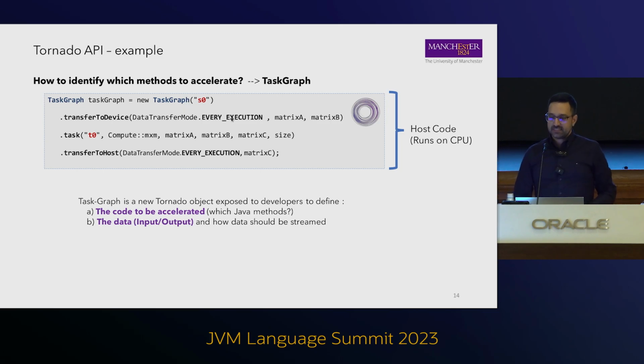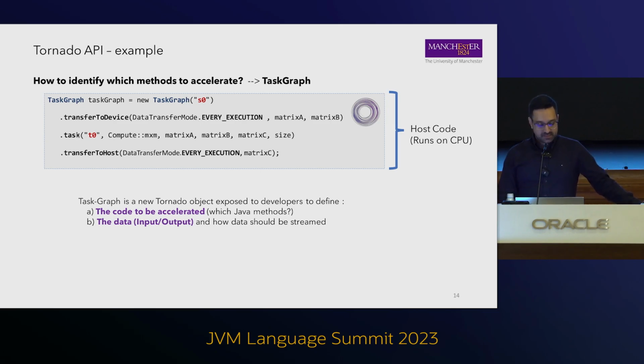Then we have a flag here that indicates what to do every time you execute the whole pipeline. We say, every time you execute this graph, send data every single time. This is useful if you have write-read data, for example. If you have read-only, you can use transfer mode first time only.